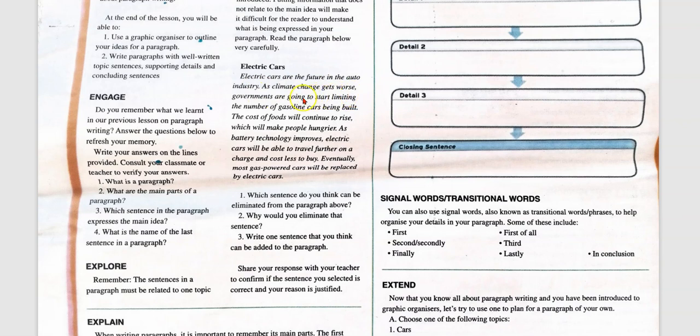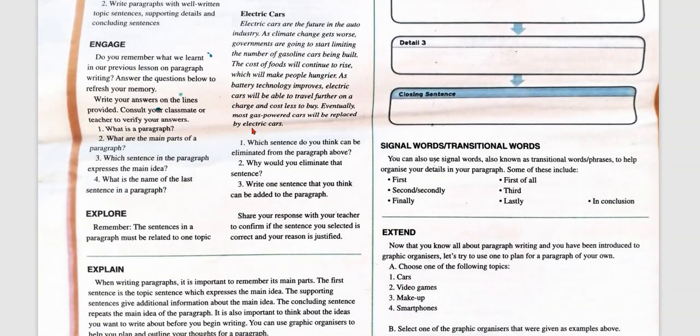So climate change getting worse, and then the gas vehicles are not going to be built. So that's one reason why people are going to be using electric cars in the future, because they're going to cut out the gasoline vehicles or gas cars. The cost of food will continue to rise, which will make people hungrier. All right. As battery technology improves, electric cars will travel further. Oh, so this one again points to electric cars.